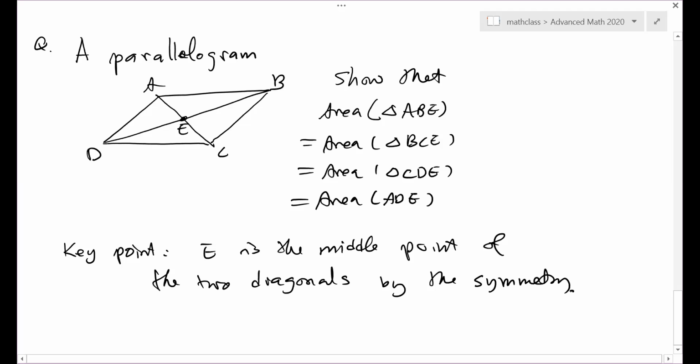It's not exactly symmetric, but by symmetry in some sense, right? So this is clear. Everybody accepts this, right? So they intersect at the middle point. Once you use this, then you can show why these two triangles are similar.